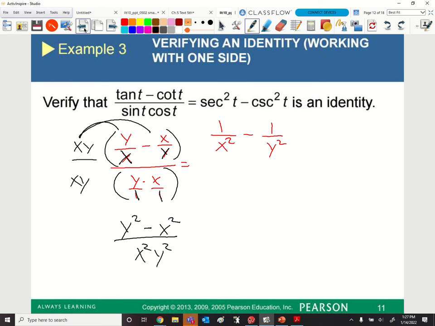So on my example right here, by separating the numerator, I'm going to get y squared over, what's going to be on my bottom? X squared. Very good. Both of them together, x squared, y squared. Bring down my minus sign here, because it's minus sign in between them. And over here, I get x squared over x squared, y squared.